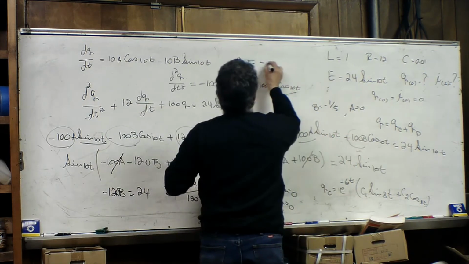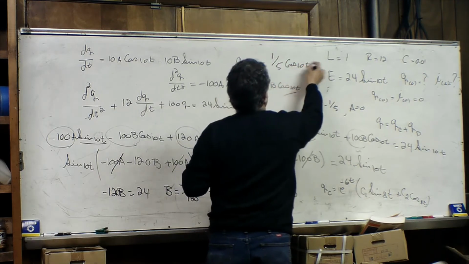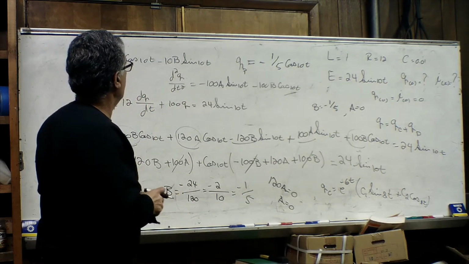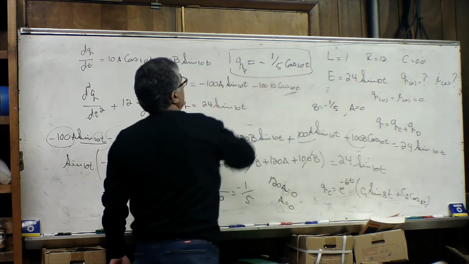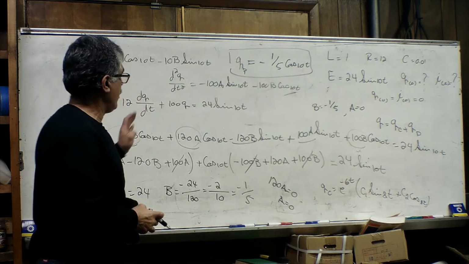So that's minus 1/5 cosine of 10t. This is our particular solution for the non-homogeneous part.